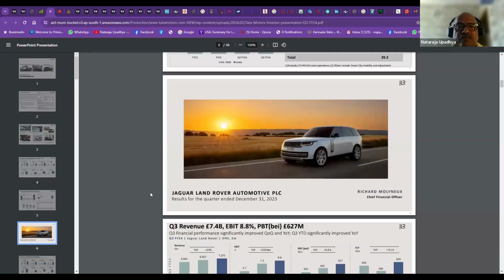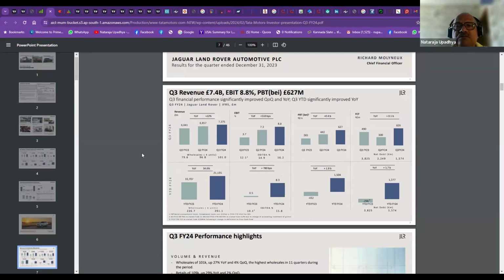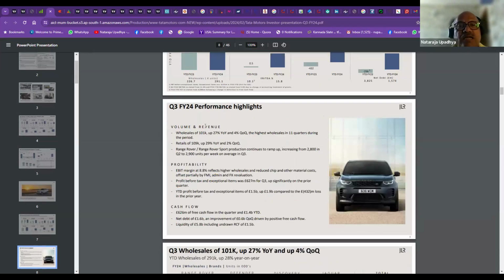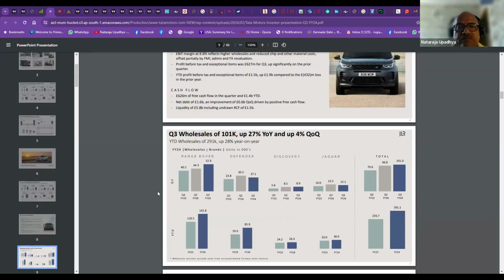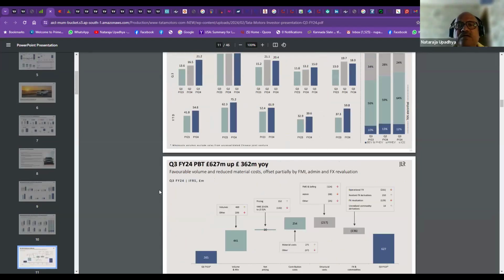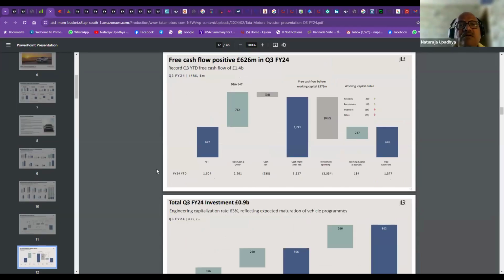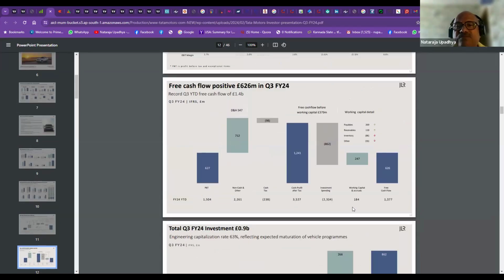Okay, then some highlights of the performances. Okay, different segments, geographies, right? How the cash flow is influenced.